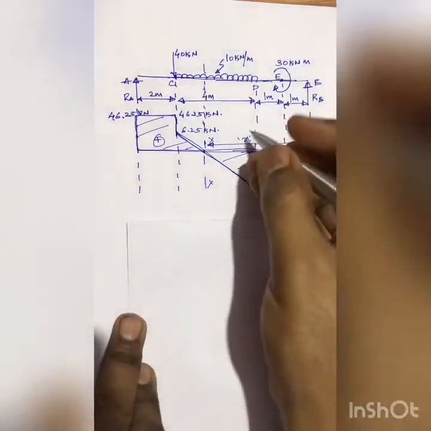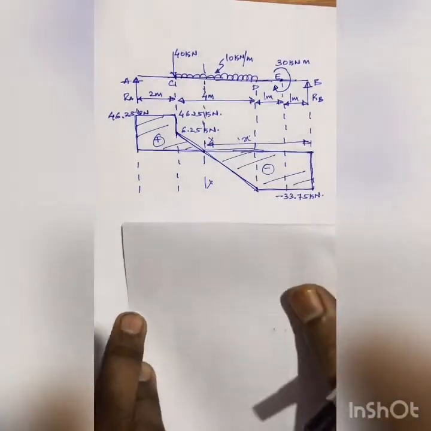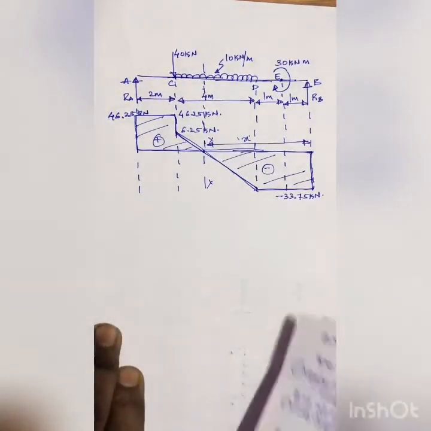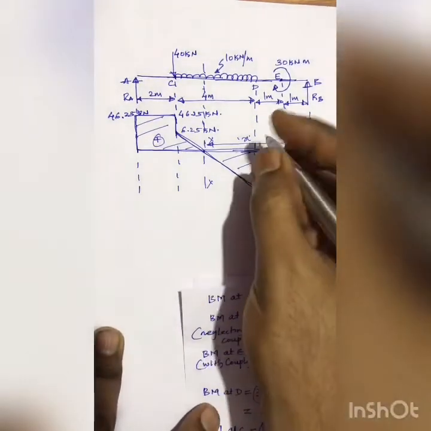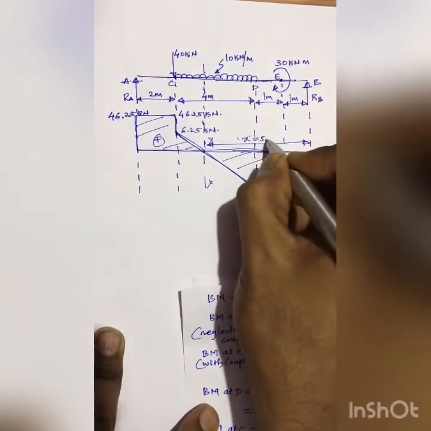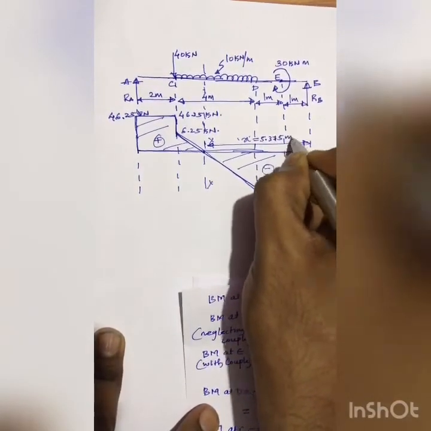And I know the distance X now. How much is the distance X? Distance X we have found out. The distance X is 5.375 meter.